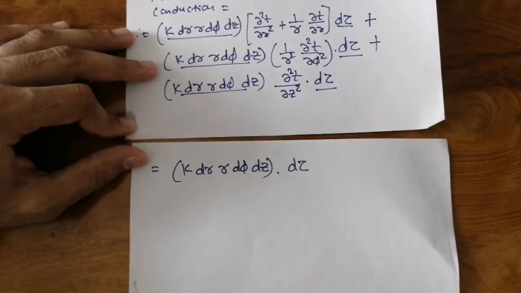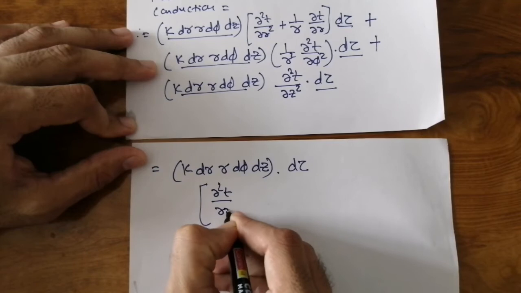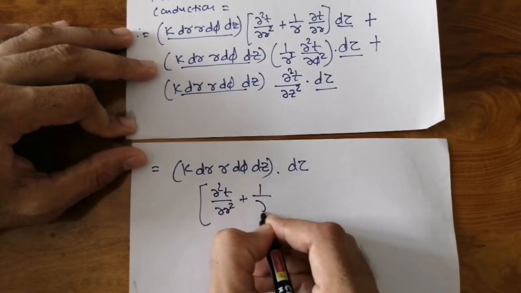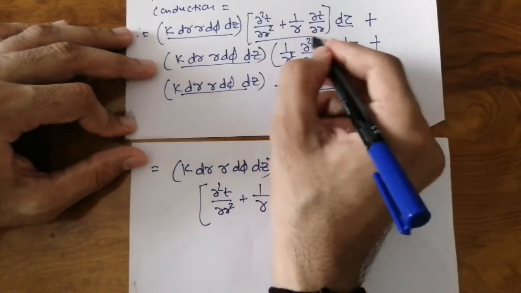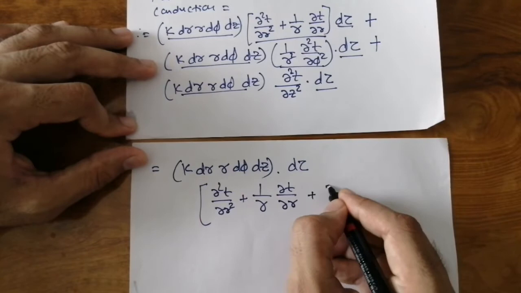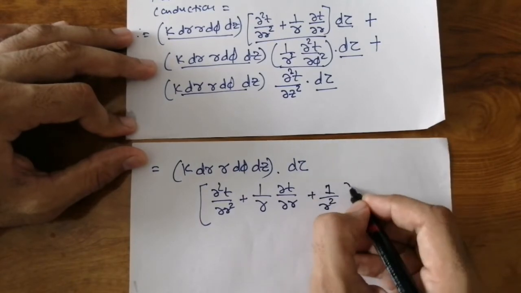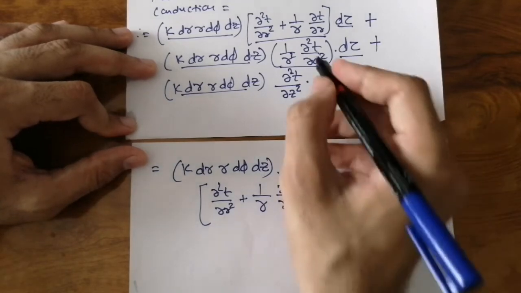We are just taking common. And remaining will be what? So remaining del square T by del r square plus 1 upon r del T by del r. That is your first. Plus 1 upon r square del square T by del phi square.